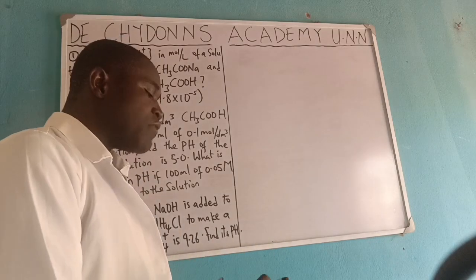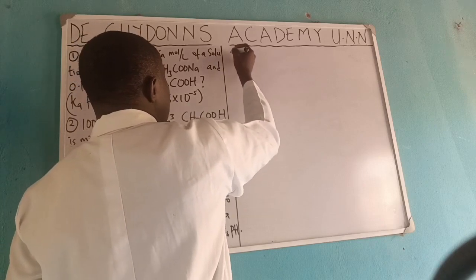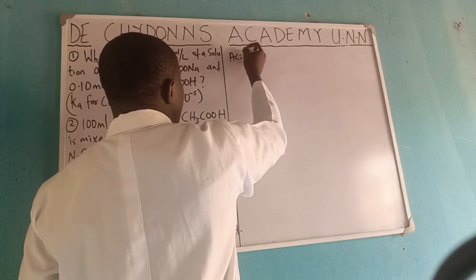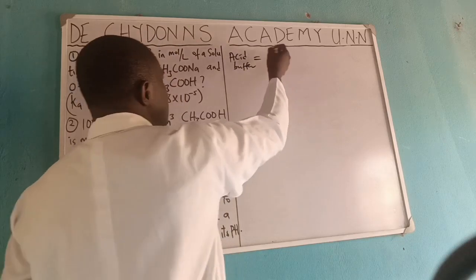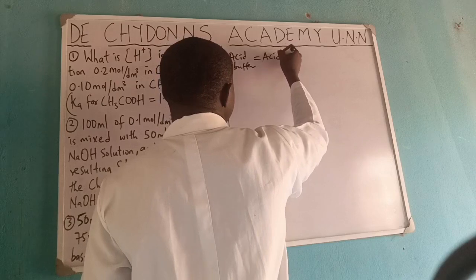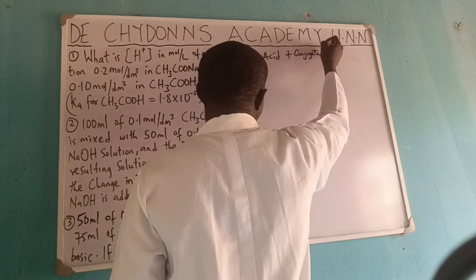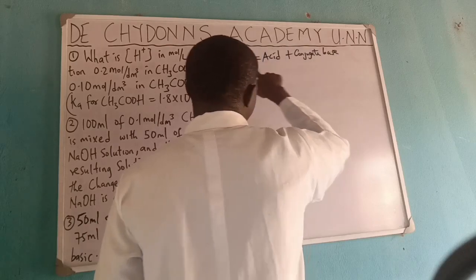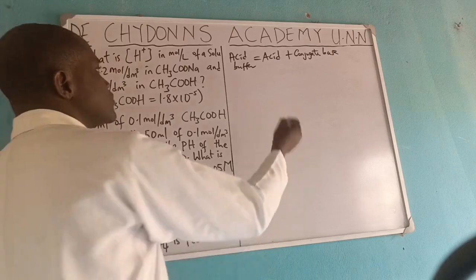An acidic buffer is any buffer that contains an acid and its conjugate base. We call it an acidic buffer, so to speak. What do we mean?